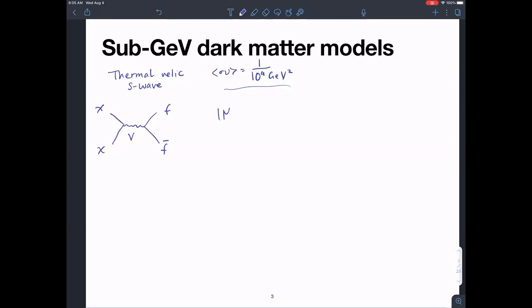So the matrix element squared for this will have some couplings, which I'm going to call g_χ and g_f, for how this vector is coupling to either the dark matter or the standard model fermions. And there's going to be order 1 factors, which I'm going to drop everywhere. This is just to give a general argument. And this vector mediator propagator, and then I have the dark matter mass to the 4th for the correct dimensions and the non-relativistic limit.